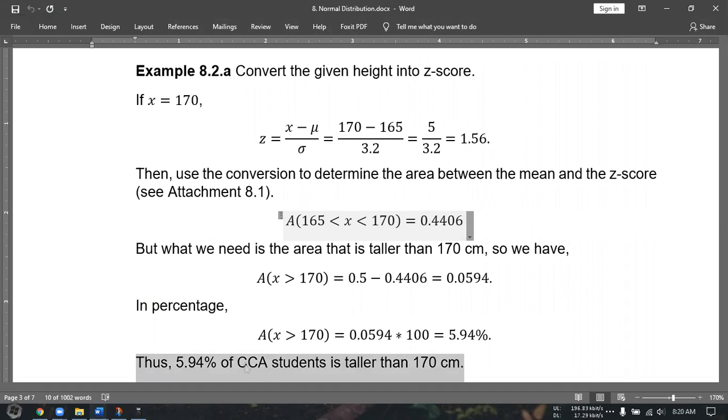Thus, 5.94% of CSA students are taller than 170 centimeters. Question.